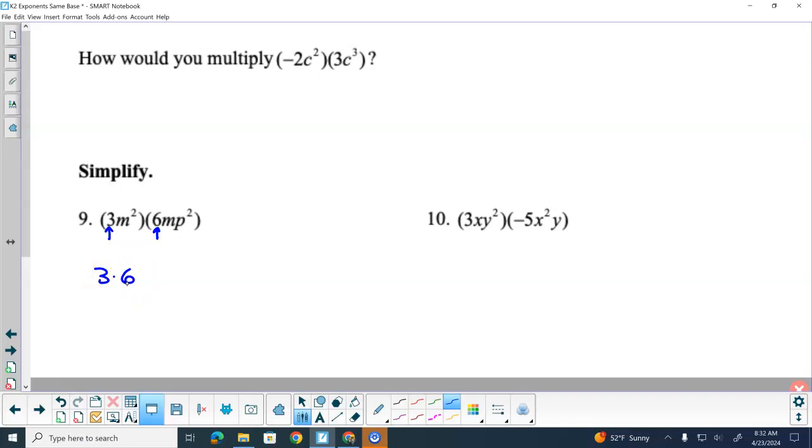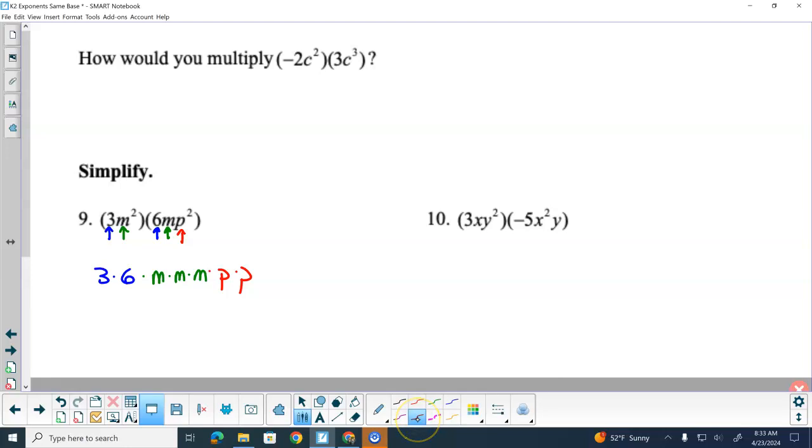Okay? So we got 6 times 3. Then we've got m squared and we've got m. So that's going to be 3 m's. Then we've got 2 peas in a pod. Okay? So we've got everything that we needed, and now we go through.